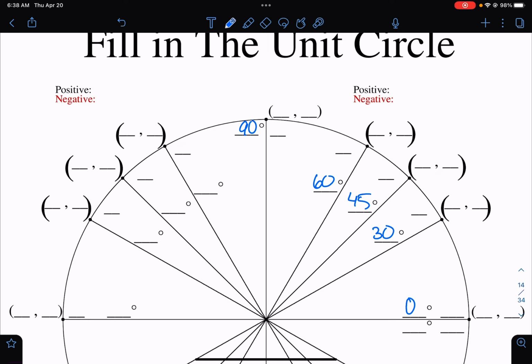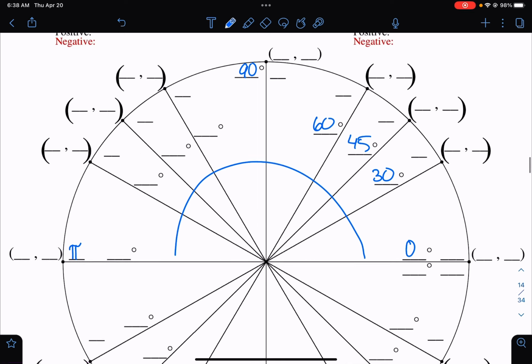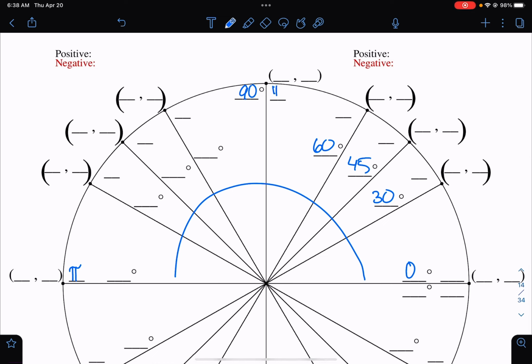Now, in terms of our radians, right? So radians, keep in mind that all the way around a circle is pi. That's very important. So halfway here is going to be pi over 2 because that's half of pi. Here is going to be pi over 4.